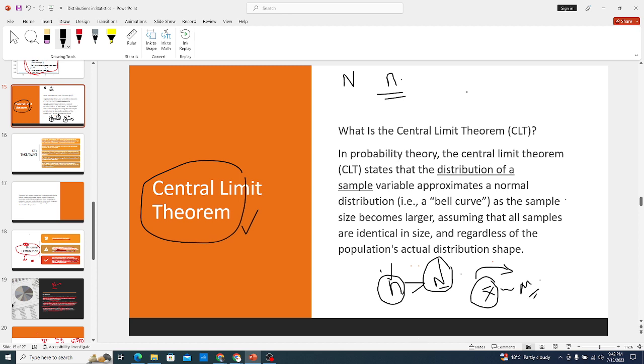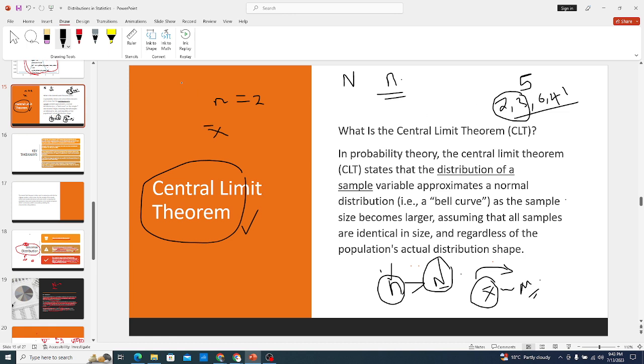Like for example, let's assume we have a population of 5 values. These values are, let's say, 2, 3, 6, 4, then 1. I start with a very small sample size, like n equals 2.